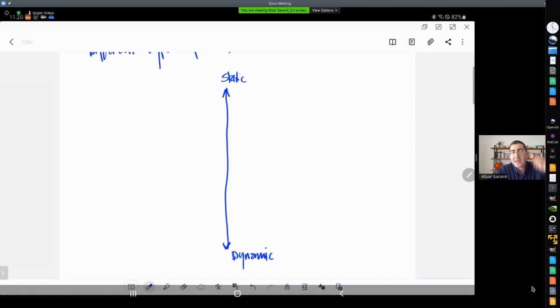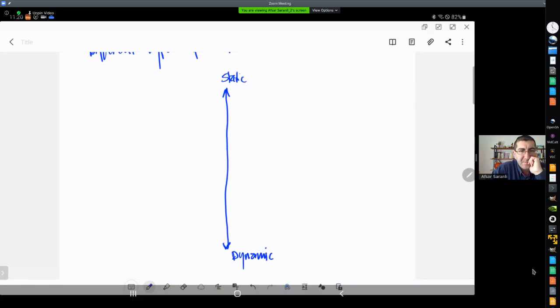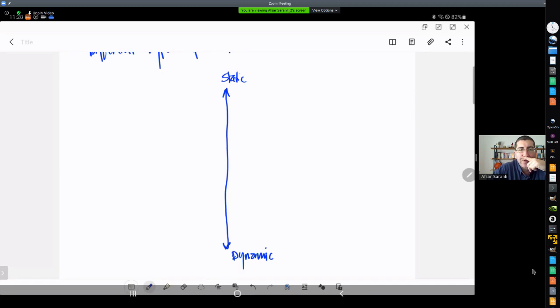Who is speaking? Yes. Maybe in dynamic systems, changing parameters during time or during the process. If the parameters change with time, that's a time varying system. If the parameters are constant, then it's a time invariant system. Static and dynamic is actually something else.